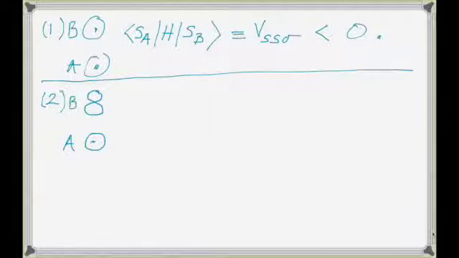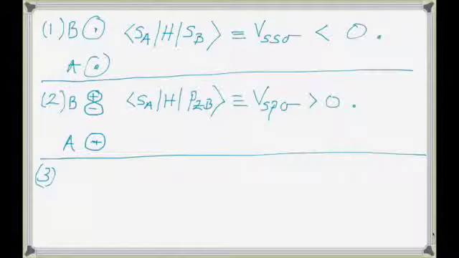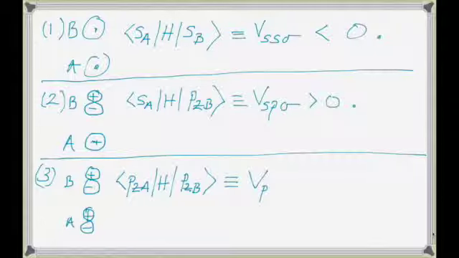And the way I've positioned the two atoms, this is going to be greater than 0. What do we got next? Number 3 is our sigma bond for 2 p orbitals, V_pp sigma. And again, because you've got a positive lobe facing a negative lobe, that also is going to be greater than 0.